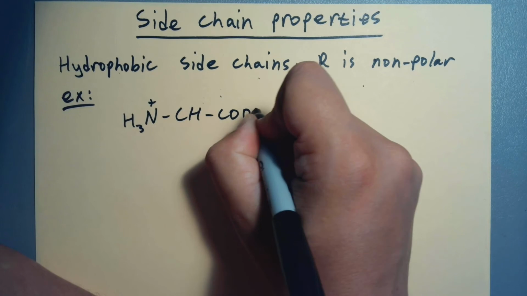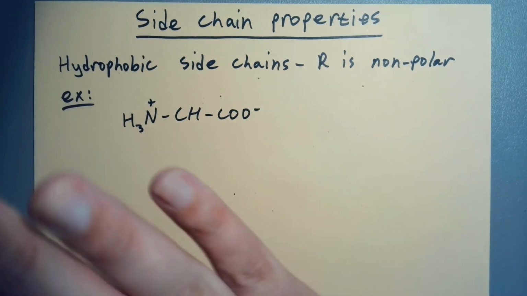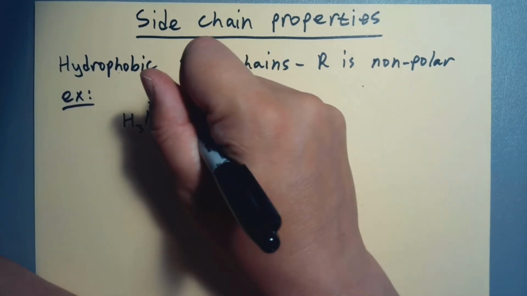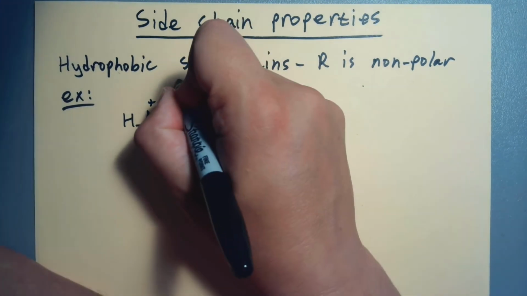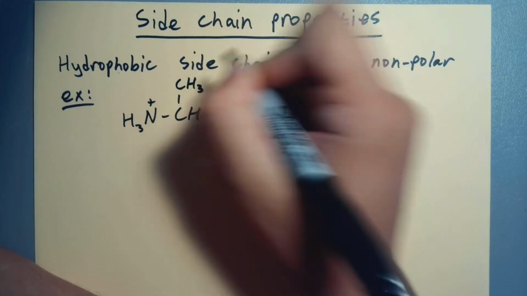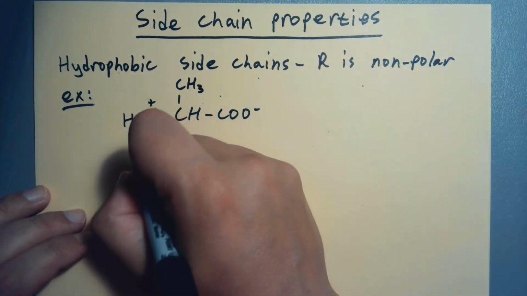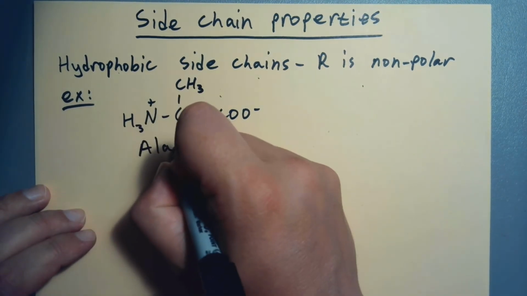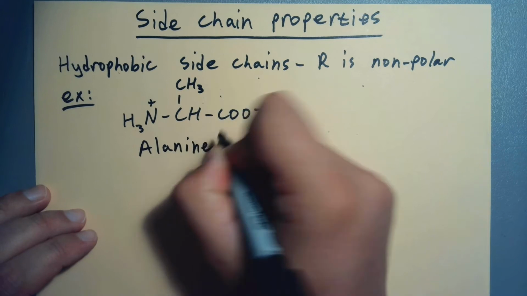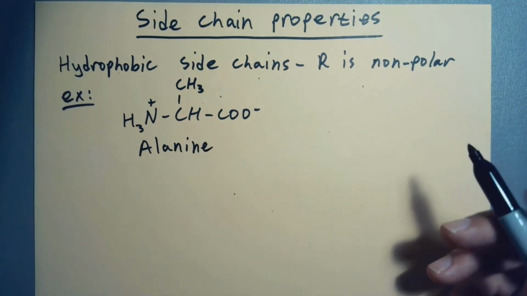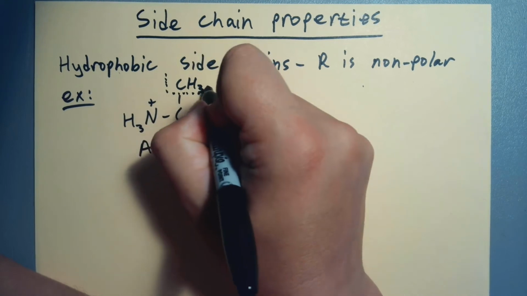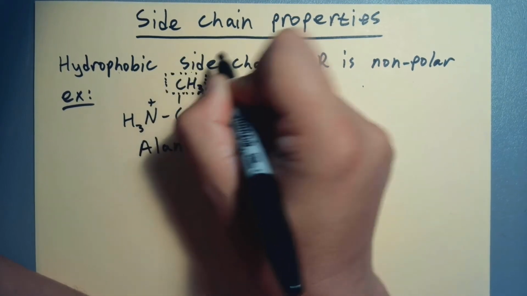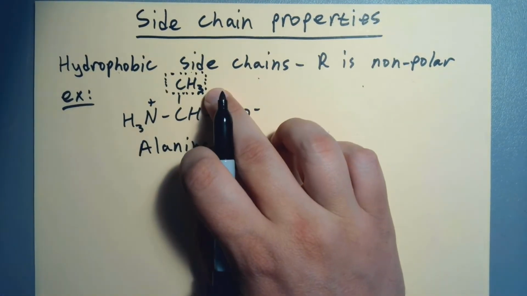And so first off, this doesn't change. We've got the backbone. What does change? Well, now I'm going to start actually writing what R is. So this is called alanine. This is a specific amino acid. And if we look at just the R group here, it's all nonpolar.